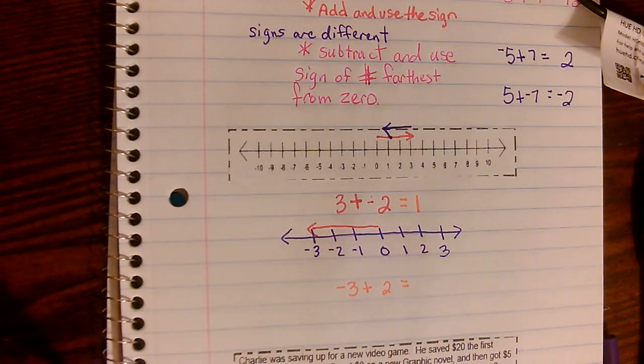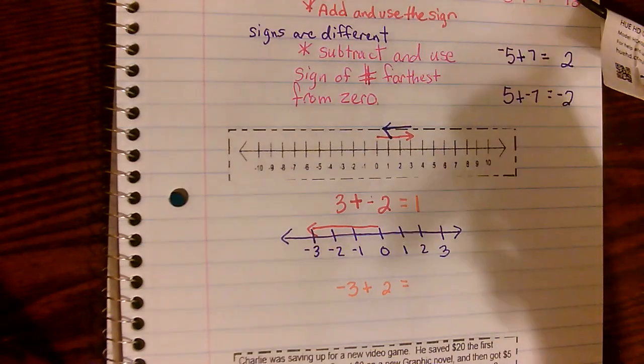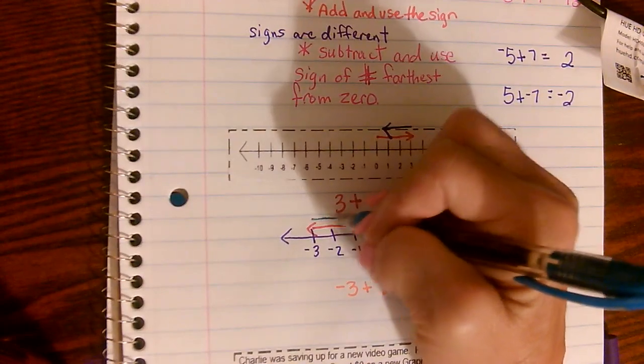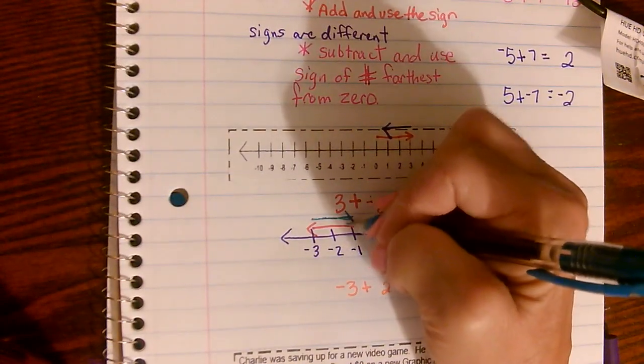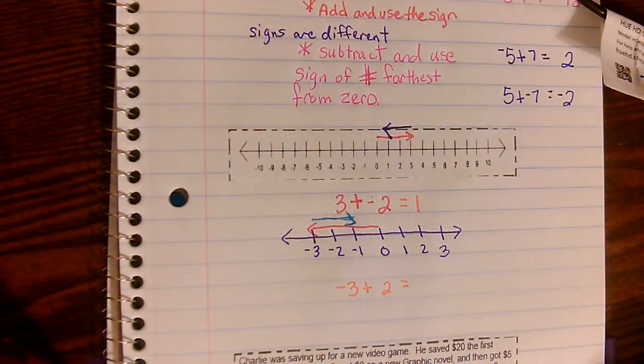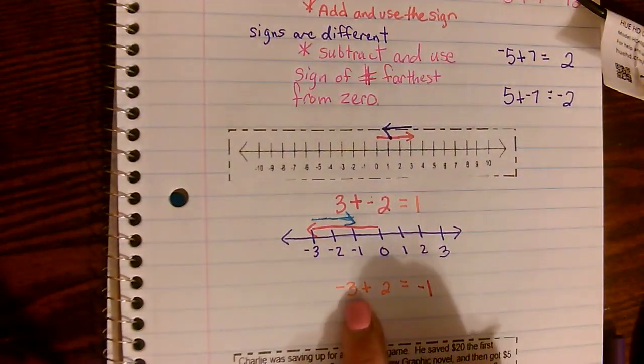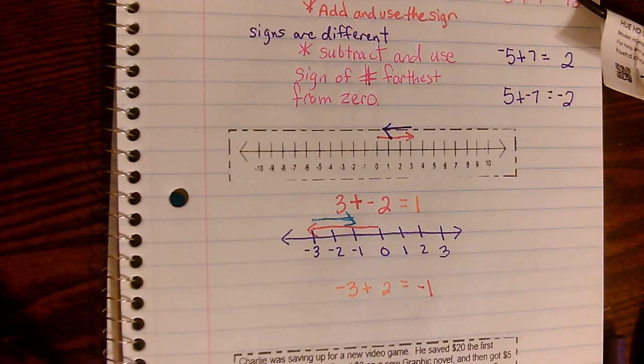I move to the right 2. So here we go, moving from this to the right 2. There. And that puts me on negative 1. So let's think. If I followed these rules, the signs are different. I'll subtract. 3 minus 2 is 1. 3 is farther from 0. The answer is negative 1.